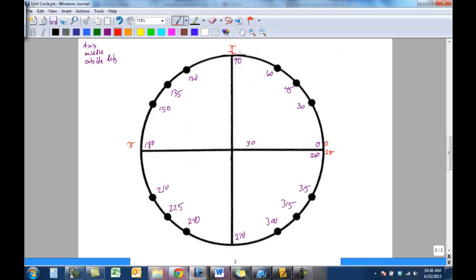Right? Now, count it off. 0, 1 pi half, 2 pi halves. What's 2 halves? 2 halves is 1. This is 3 pi halves. 4 pi halves is 4 halves is 2. Right?